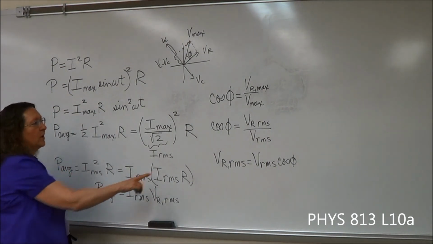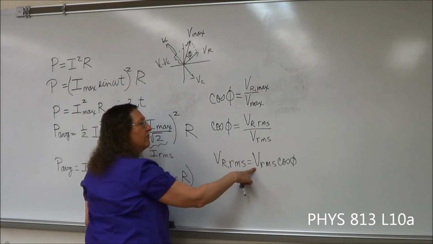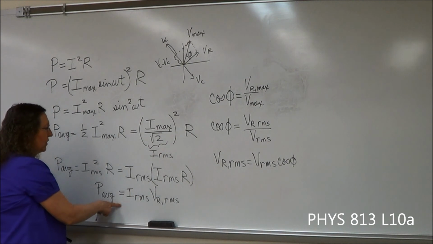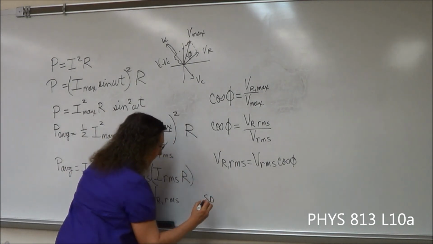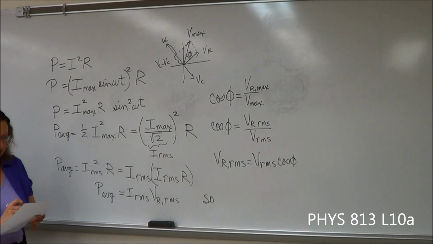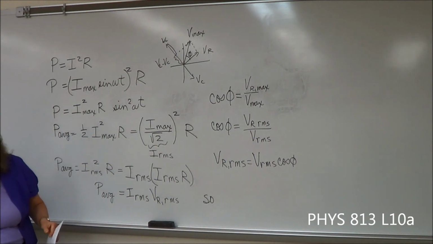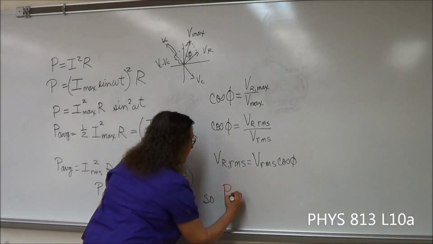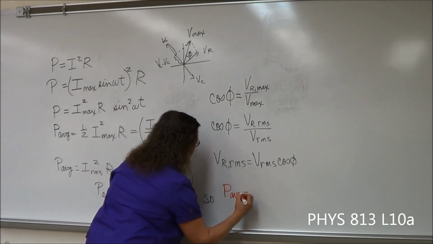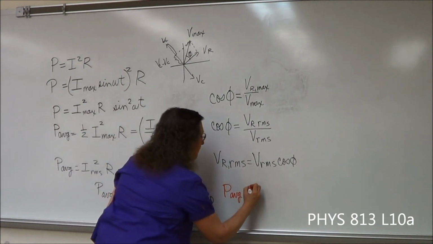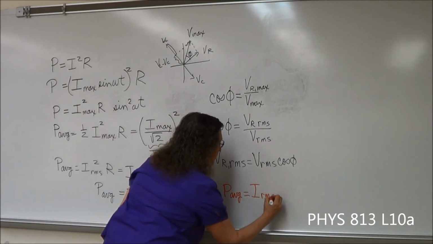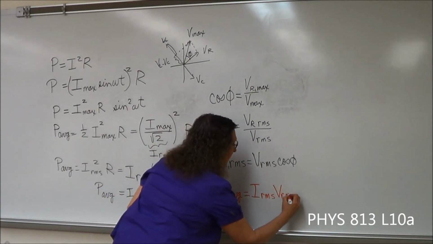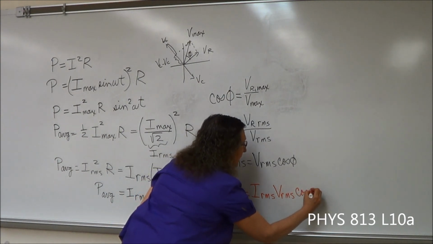Okay. Now then, we can substitute the whole voltage RMS times cosine of phi in for this, and we will get, and I think I'll write it in red because that's an important equation. So then we end up with P average is equal to I RMS times V RMS times cosine of phi.